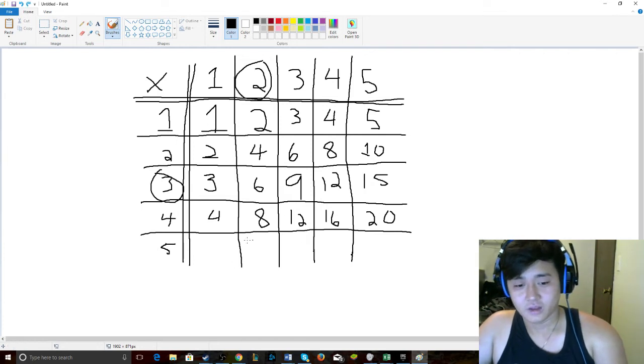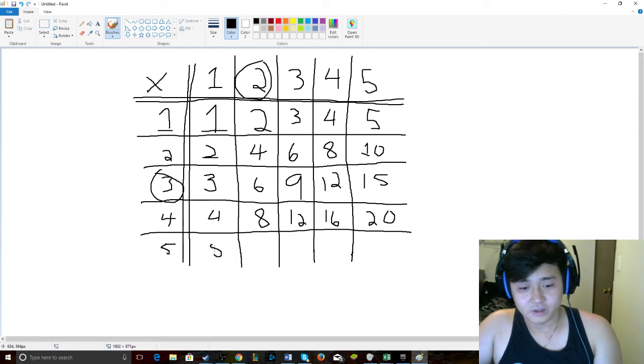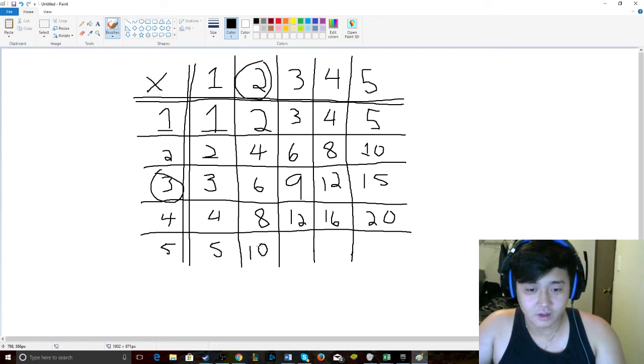Alright. So 1 group of 5 is 1 times 5, and that's 5. And we've already done that same answer over here, where we did 5 groups of 1. Now we have 2 times 5, which is 2 groups of 5, and that's 10. And we already got that answer over here, which is using this 2 and this 5.